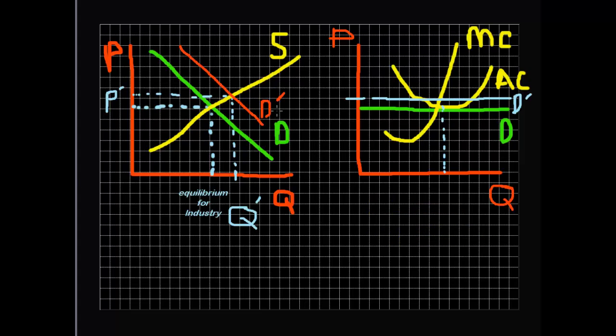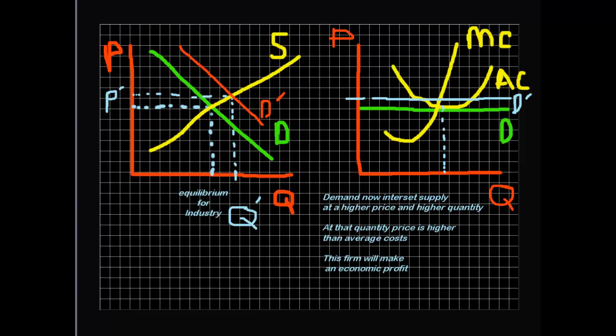You can see here that the new demand curve that the individual firm is facing is again horizontal because it's perfectly competitive. It can't affect the market price, but it's now higher. And at this new higher level, the demand curve denotes where the price is actually above the average costs.